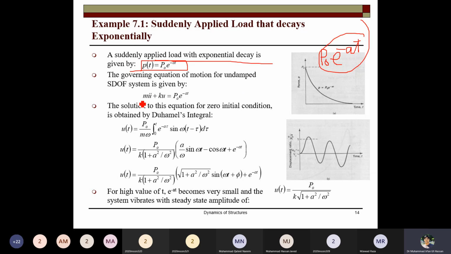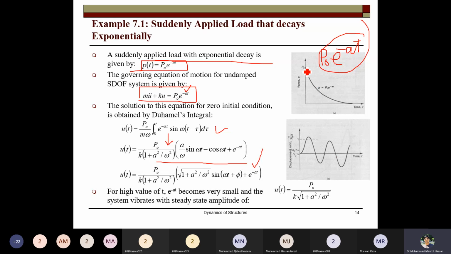Damping को आपने ignore कर दिया, so this is the equation of the motion for this system, and then the solution to the equation, initial condition, and then obtaining the Duhamel integral, putting the value in the Duhamel integral and ut, and further simplifying that. Because in this case the A is also present and EAT, so the function when you solve this problem you get the integration problem. इसको solve किया so you get this answer, and the function EAT is added in that.